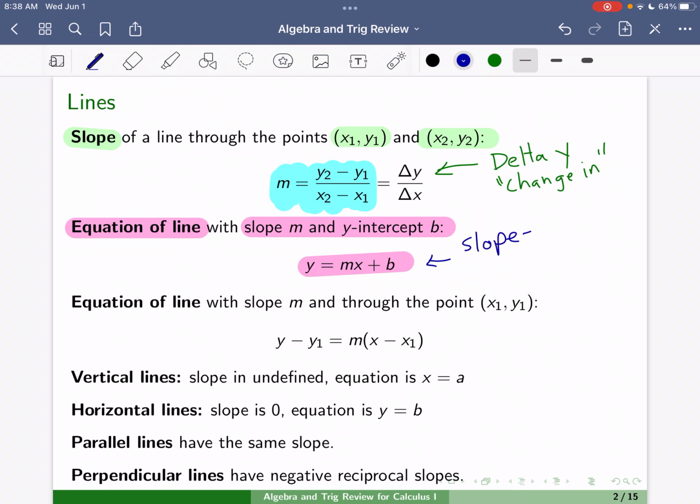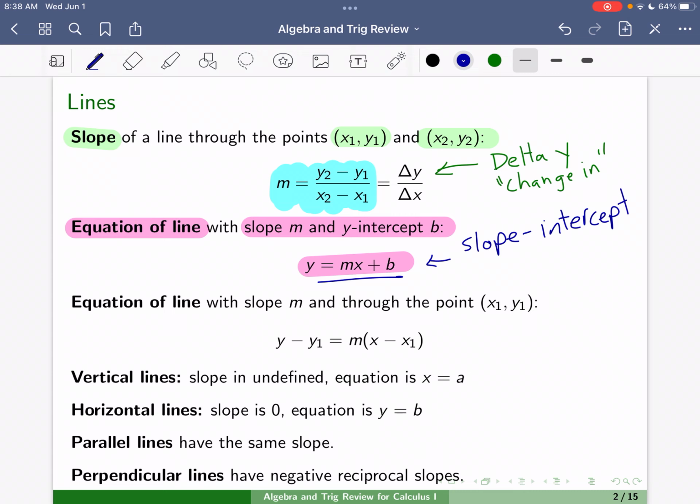I would guess this is the equation that many of you are most familiar with. Teachers tend to prefer this one. At least in some of my formative years, they preferred this. I think it's because the way you would write that equation is unique. There's only one, but it's not the only way that we could write the equation of a line.